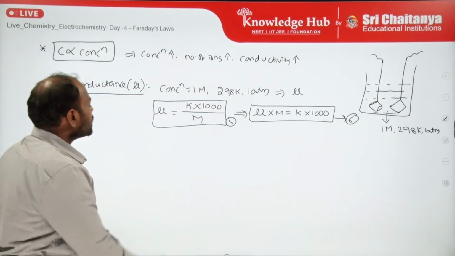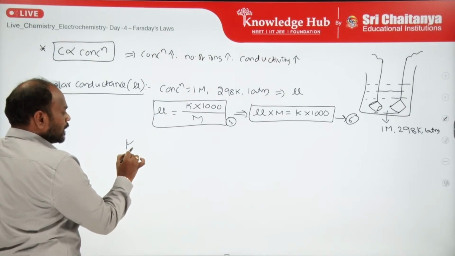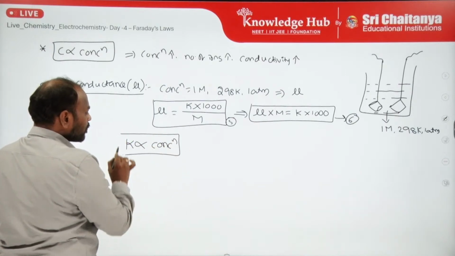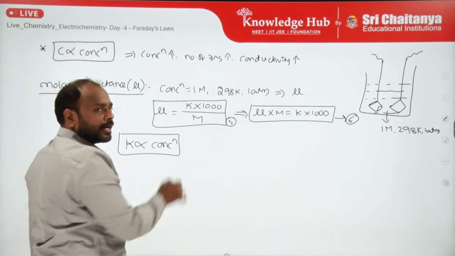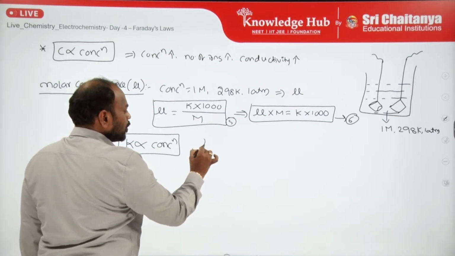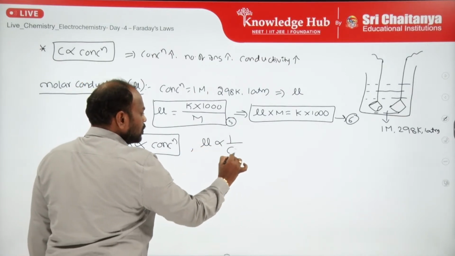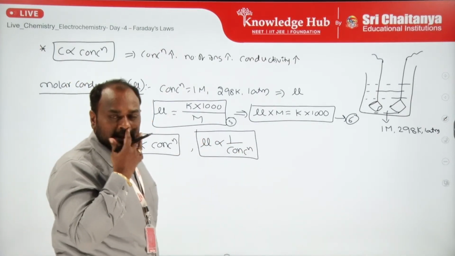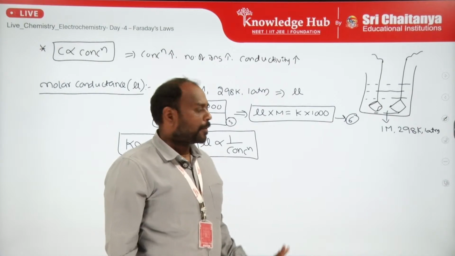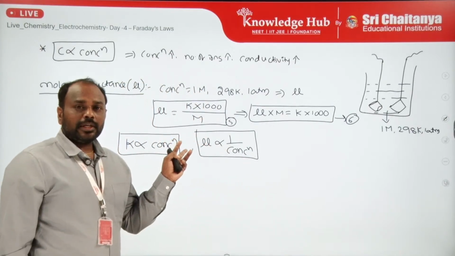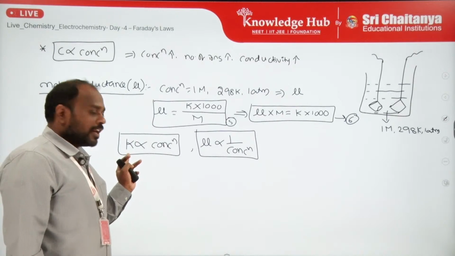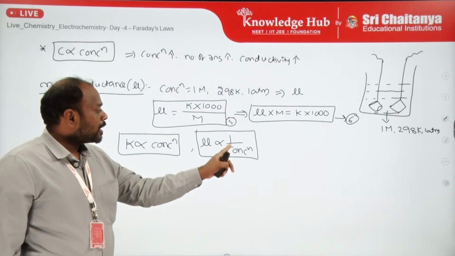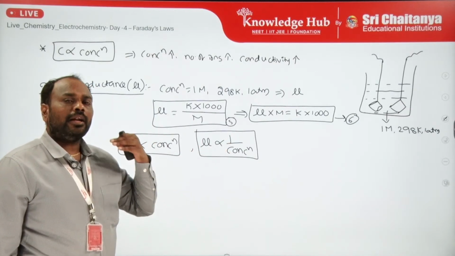Based on this, what is the relation? K is directly proportional to concentration. And what is the relation between mu and M? Mu is inversely proportional to concentration. That means concentration increases, molar conductance decreases. Remember, when concentration increases, conductivity and conductance also increase, except molar conductance and also equivalent conductance.